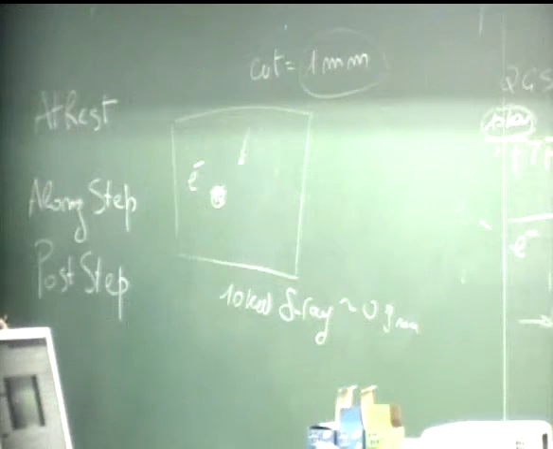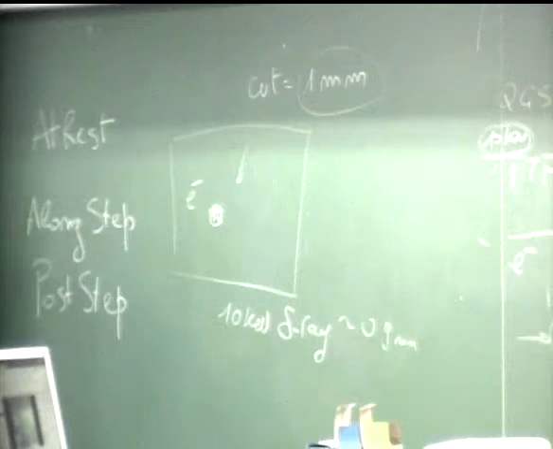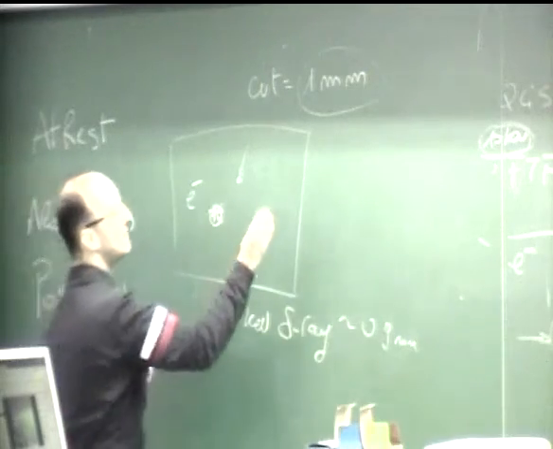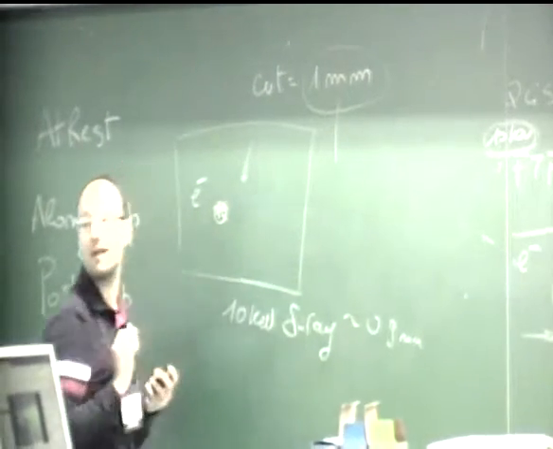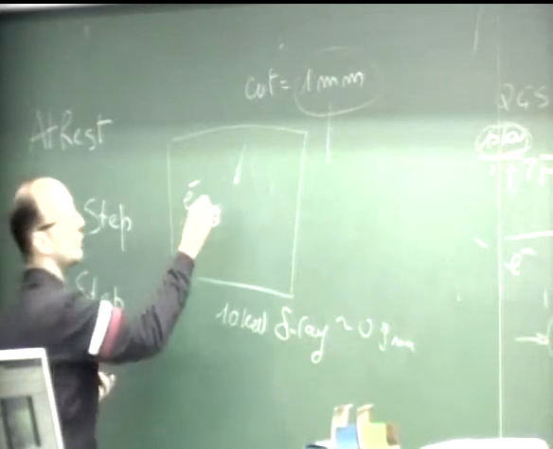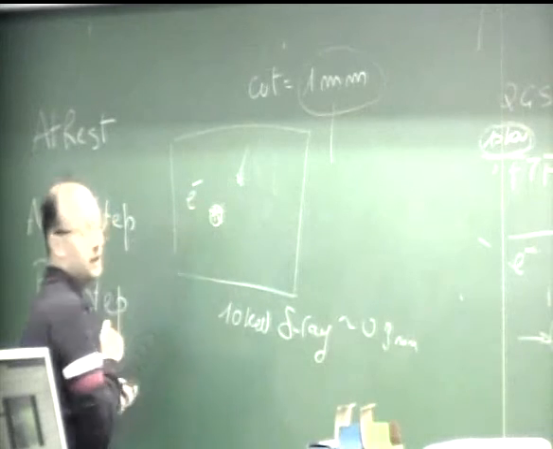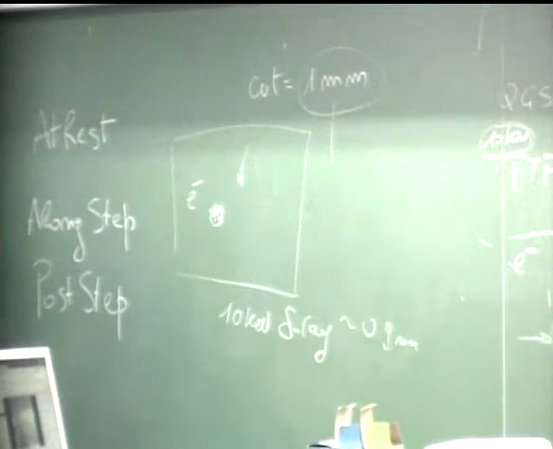This is what sets how precise in space your simulation is. So the simulation will be accurate at the 1 millimeter scale. If you look at the sub-millimeter scale, your simulation will be approximate because you are playing this game: instead of releasing the energy here, you put it here because it's sub-threshold.